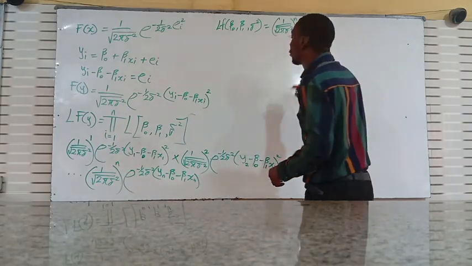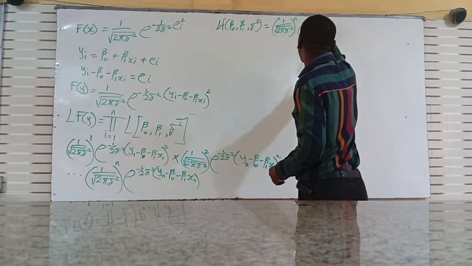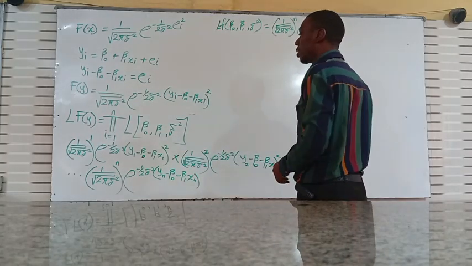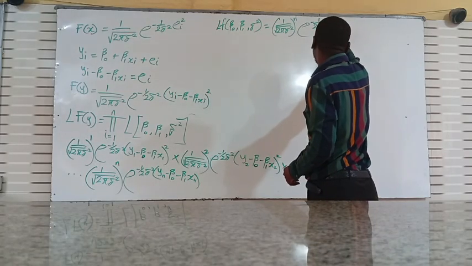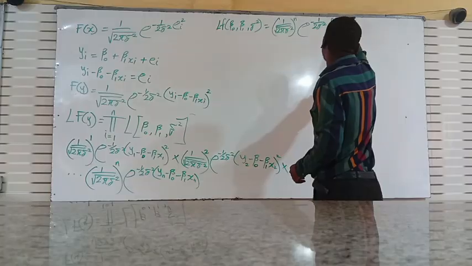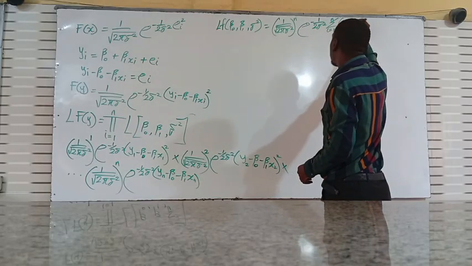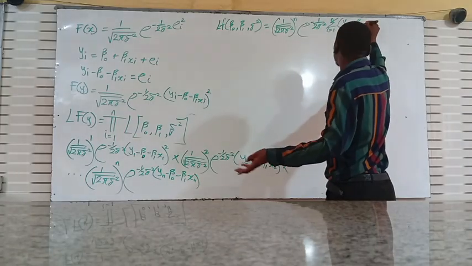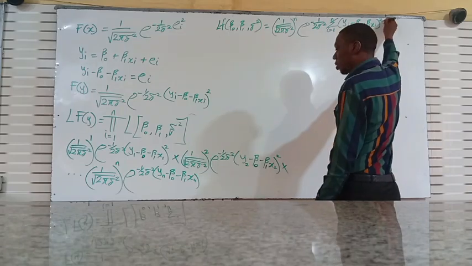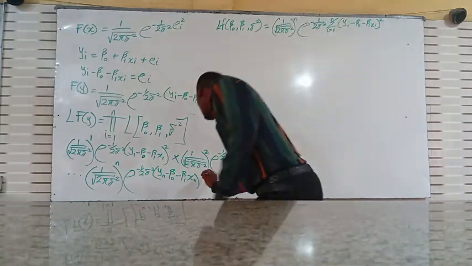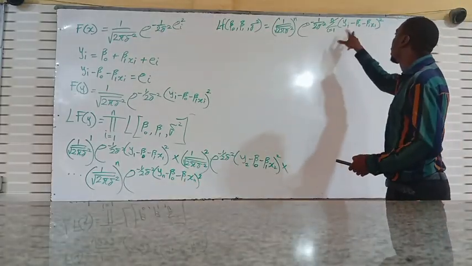So we are going to have exponential minus 1 over 2 sigma square, followed by the sum of i from 1 to n, brackets yi minus b naught minus b1 xi raised to the power of 2. So this is where the summation happens.